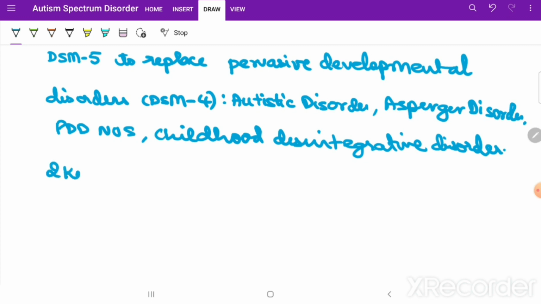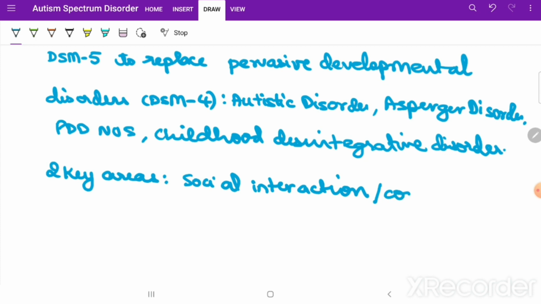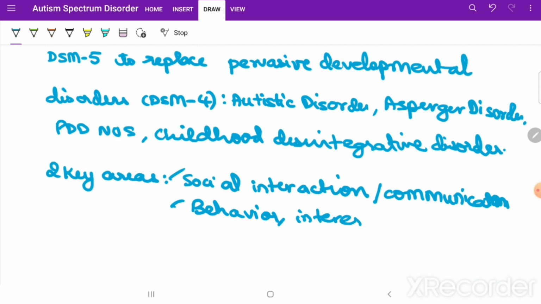One is social interaction and communication, and the other one is behavior, interests and activities.